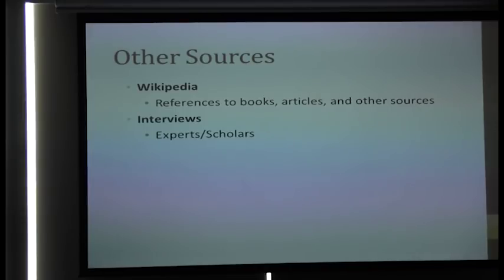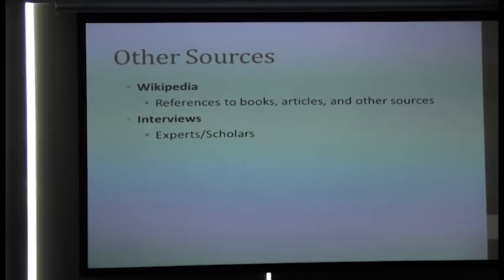Other sources. How many people have been told you can't use anything from Wikipedia? Wikipedia is not a good source to cite in a college level research paper, but a lot of times good Wikipedia articles have references at the very bottom, and they sometimes have some really good information.